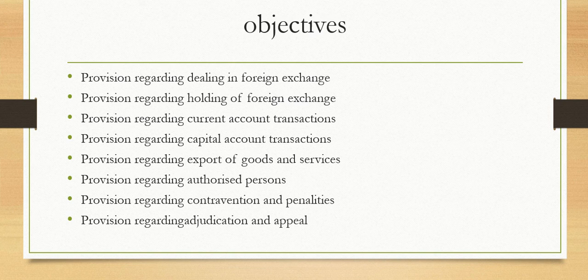Next, provision regarding adjudication and appeal. According to section 18, the central government can appoint an adjudicating authority who can give the punishment of civil imprisonment of maximum 6 months if the case is less than 1 crore. If it is more than 1 crore, then the imprisonment will go on beyond 3 years. So, thank you everyone.